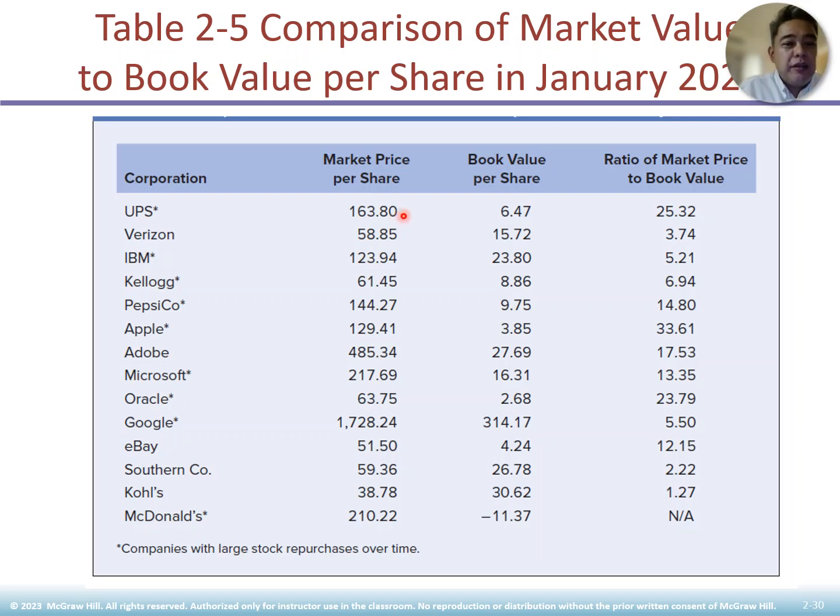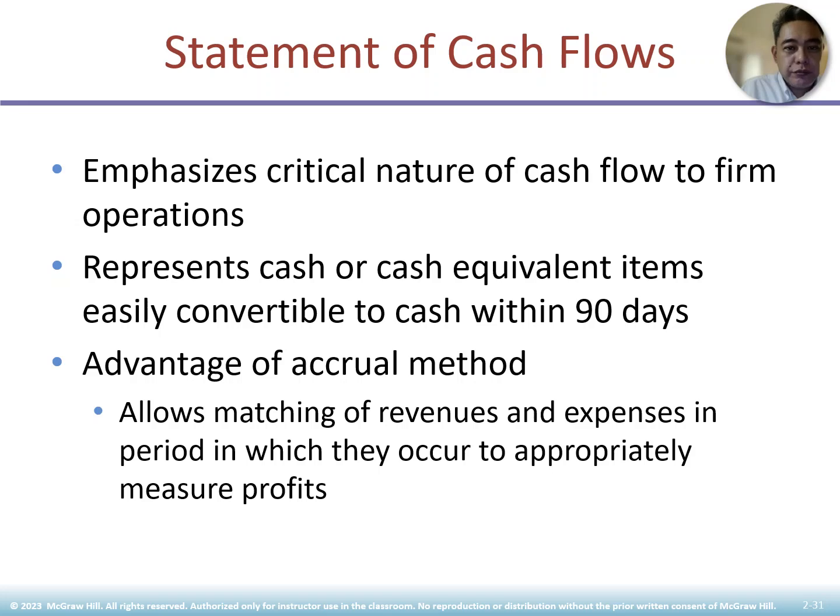So in the market, for those who want to buy, either institutional or retail investors, it's 163.8, but the book value as computed is actually lower. It means that Wall Street knows something, either an industry outlook, or, let me go back to the previous slide, which I could not do for now.